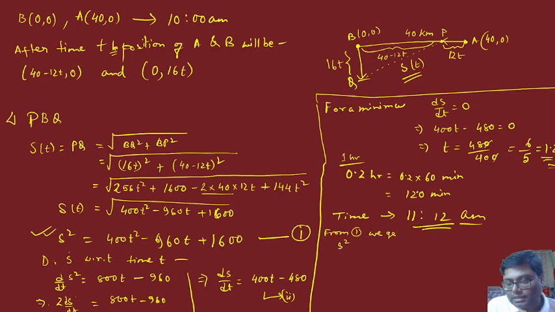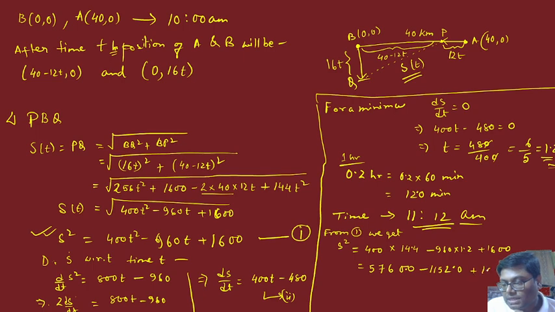We get a squared equals 400 into 1.2 squared, which is 1.44, minus 960 into 1.2, plus 1600.